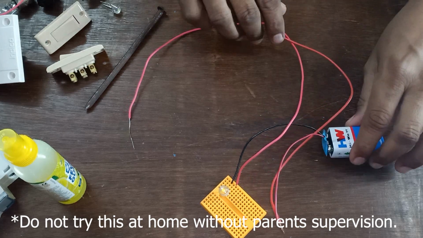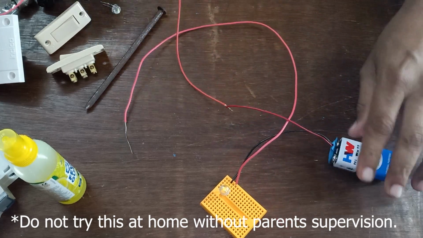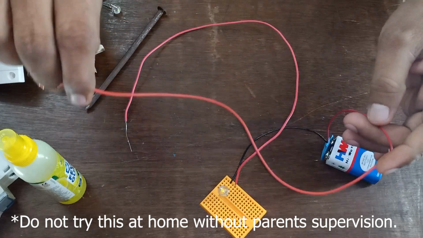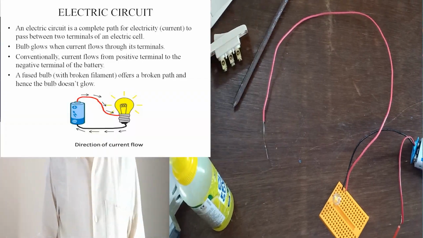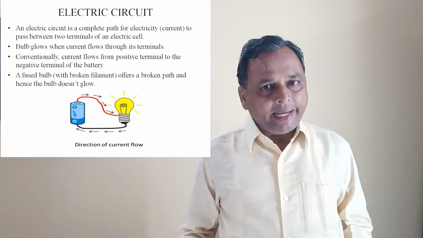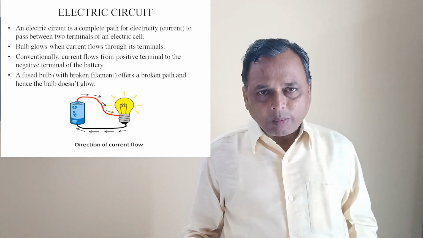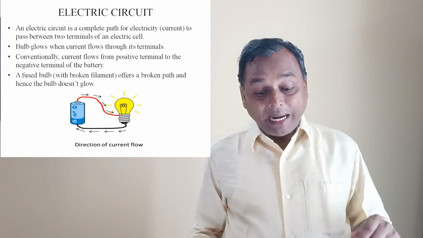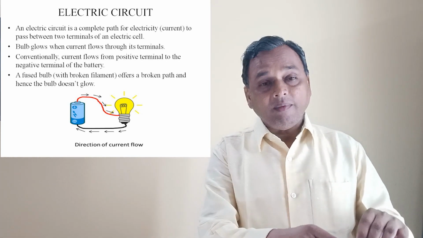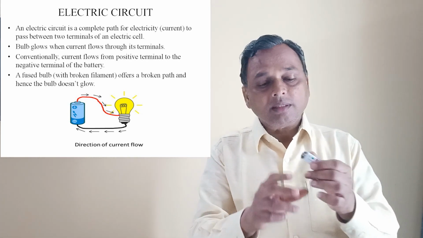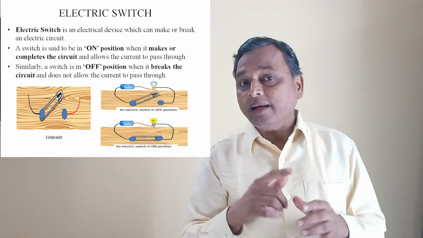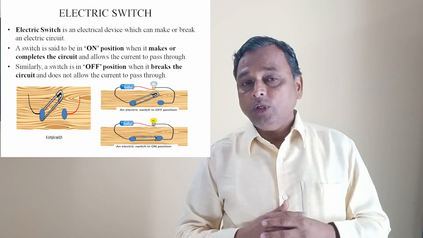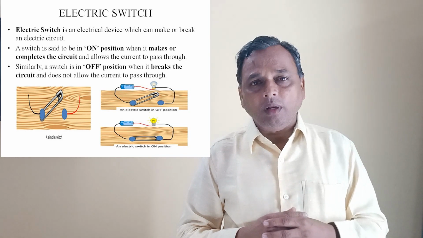Here we have seen how the circuit is completed because of the positive and negative wires. So children, you have seen we have done the experiment only with a battery. We never touched electric current. You also should be very careful.